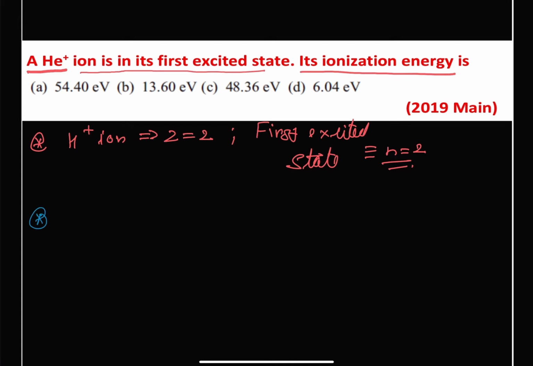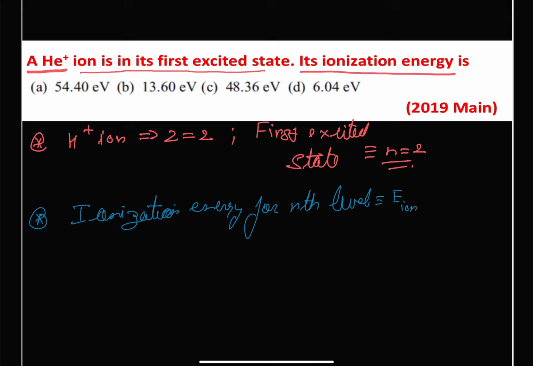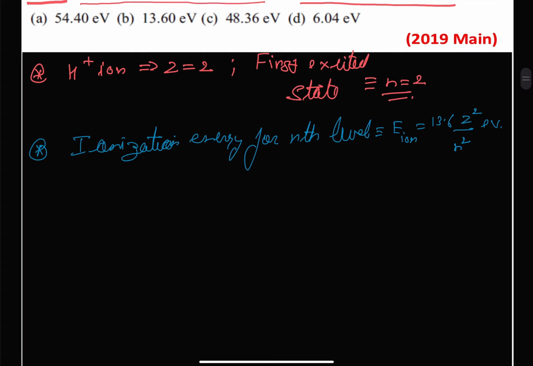We can say the ionization energy for nth level will be equal to E ion is equal to 13.6 Z square upon N square electron volt, and value of Z is equal to 2, and value of N is also equal to 2.